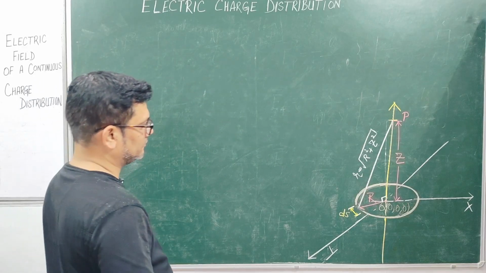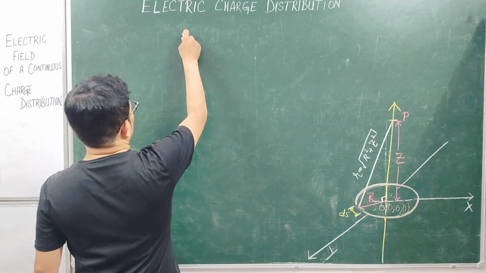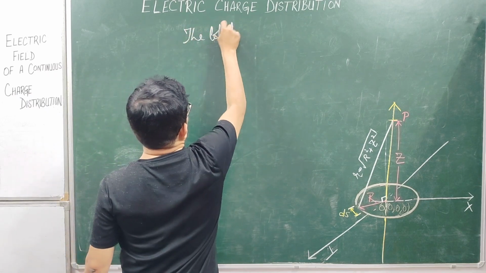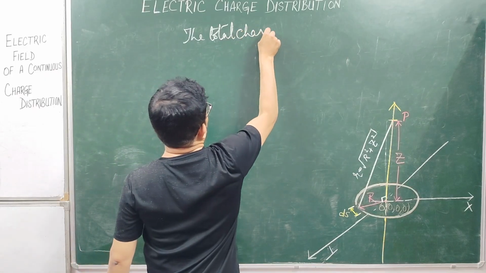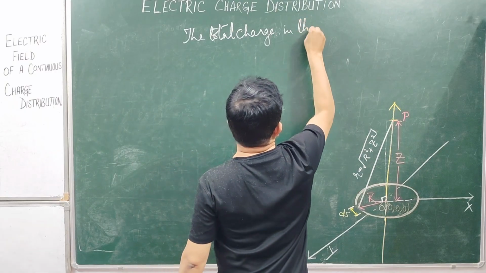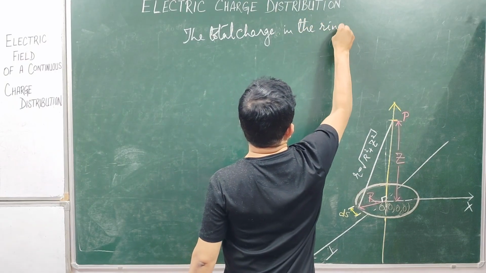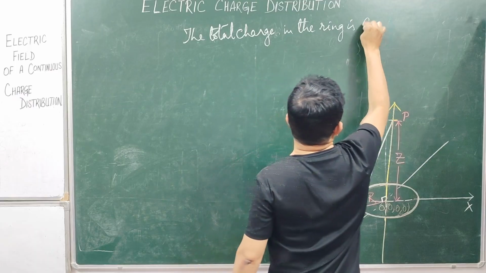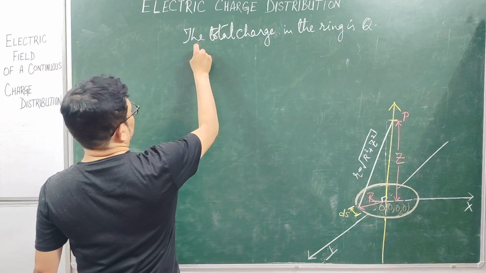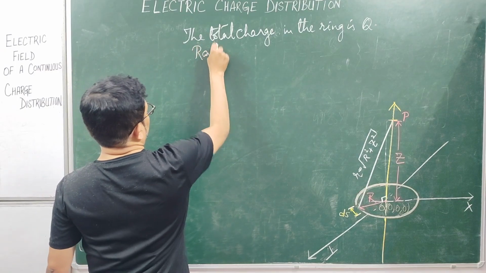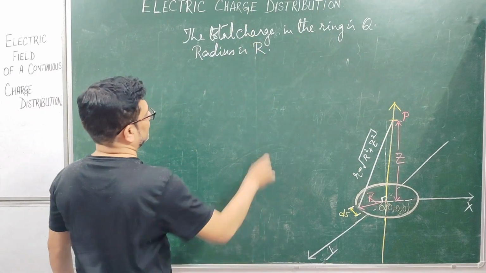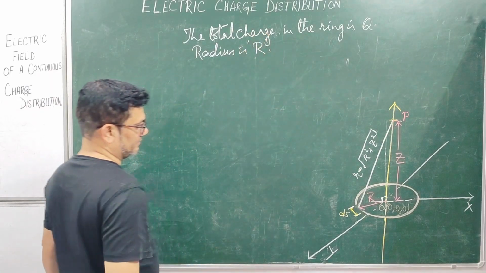And now we'll try to figure out. So the total charge in the ring is Q. The radius is R. Okay, so these things are given.